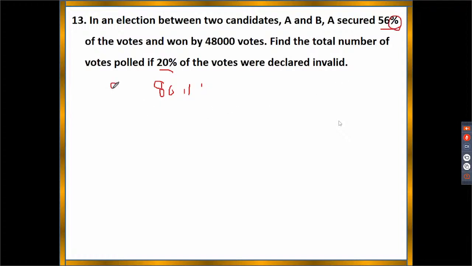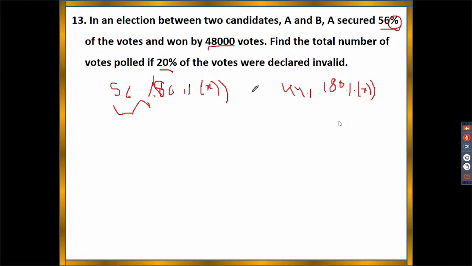Nothing but one person getting 56% of 80% of X, the other person getting the remaining 44% of 80% of X. Clear? So automatically the person getting the higher percentage is the winner.